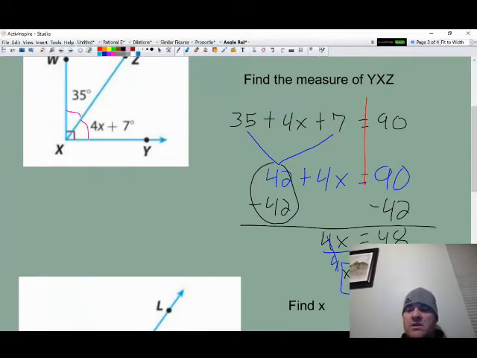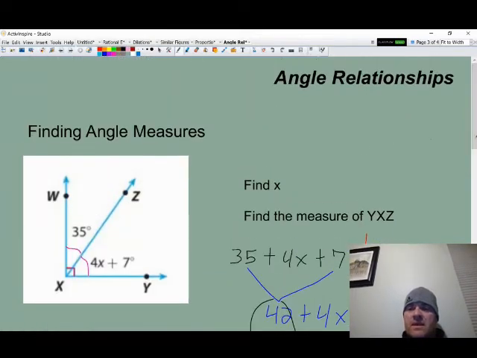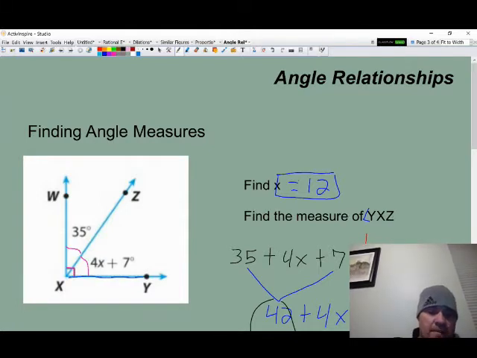So, as Karsten said before in a very excited way, x is equal to 12 here, okay? But then they also say, find the measure of angle y, x, z. So that's this angle right there.